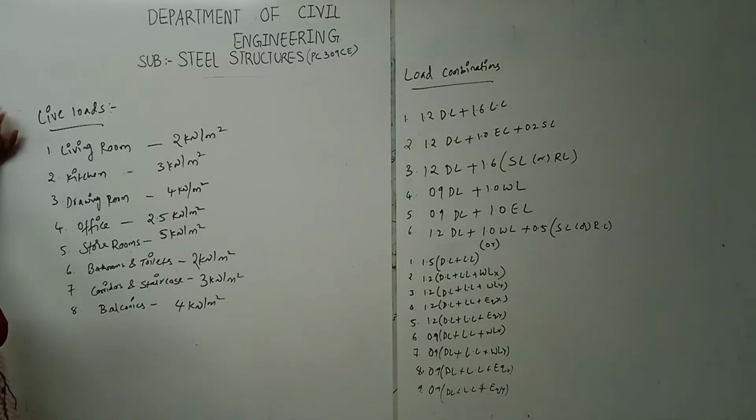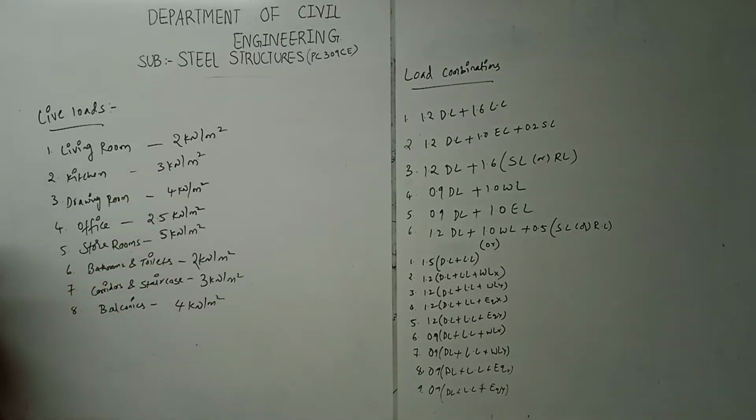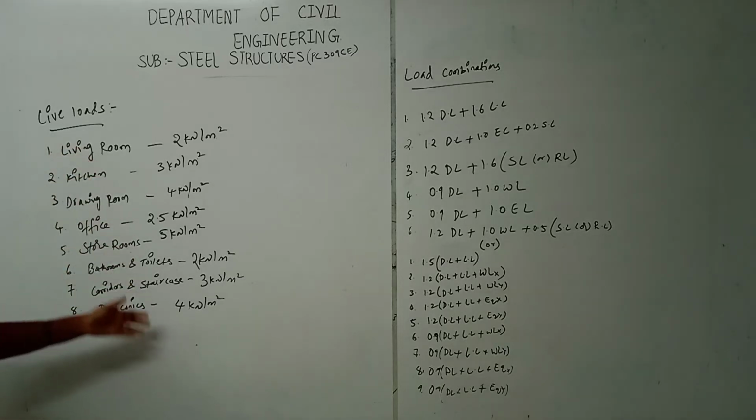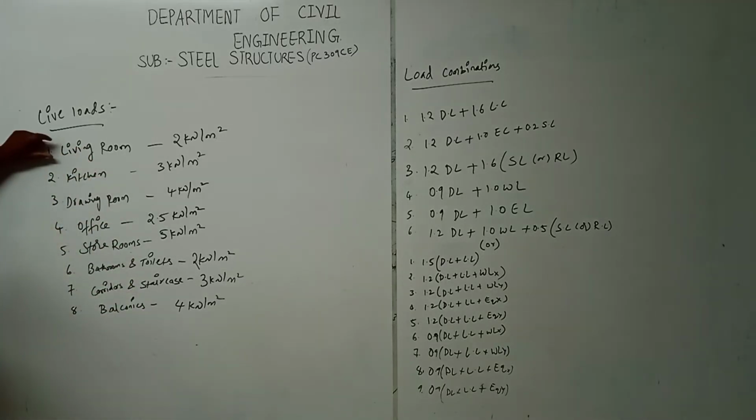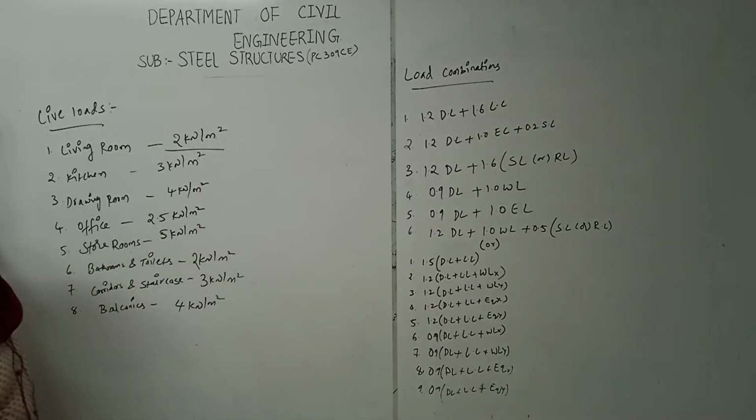In that you can find these codes, IS 800 2007 and your RCC code also. There you will have all these regulations, like a living room will have 2 kilonewton per meter square according to IS 875 part 2.